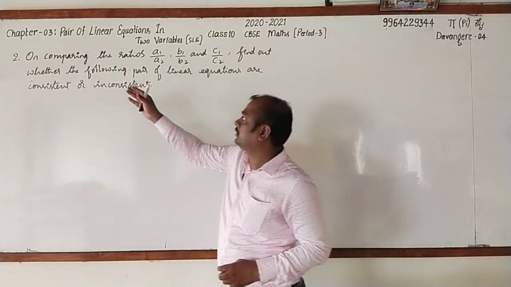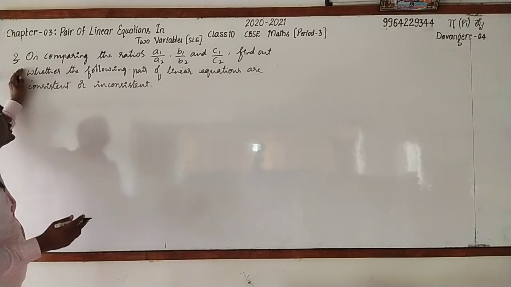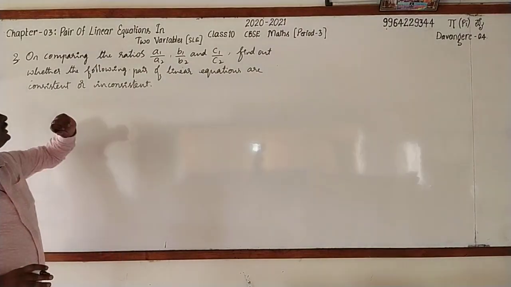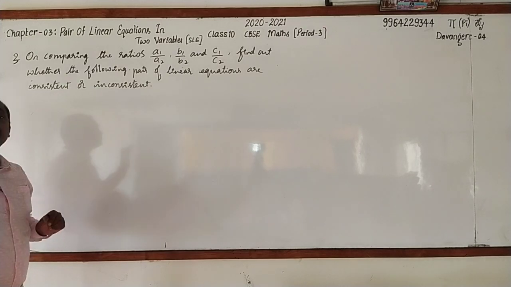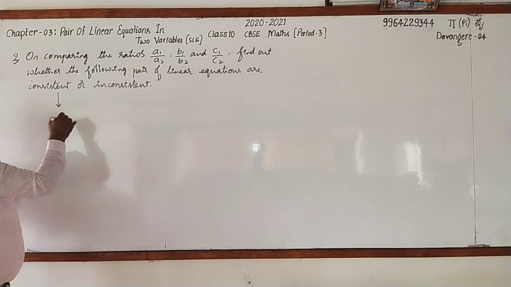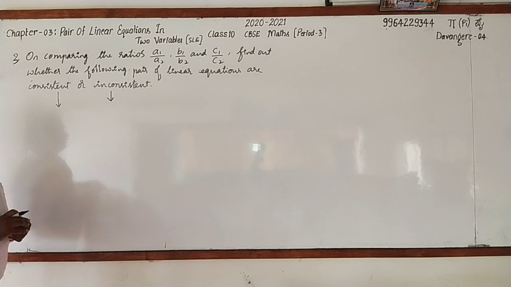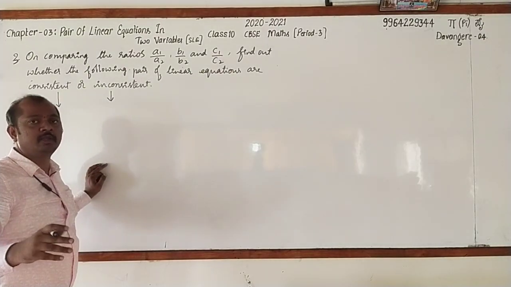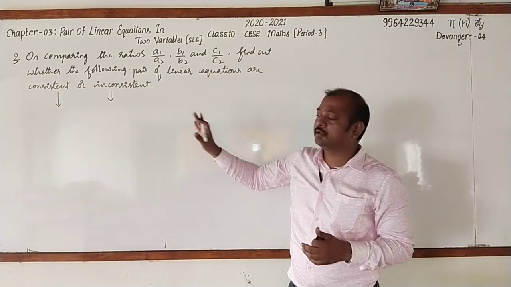Dear students, now let's move on to the third main question. Observe, this is also very simple. On comparing the ratios A1 by A2, B1 by B2 and C1 by C2, find out whether the following pairs of linear equations are consistent or not. Before going to those, first we shall recall consistent and inconsistent. We know that if the given system of equations has solutions, maybe unique or infinitely many solutions, then you can say they are consistent.